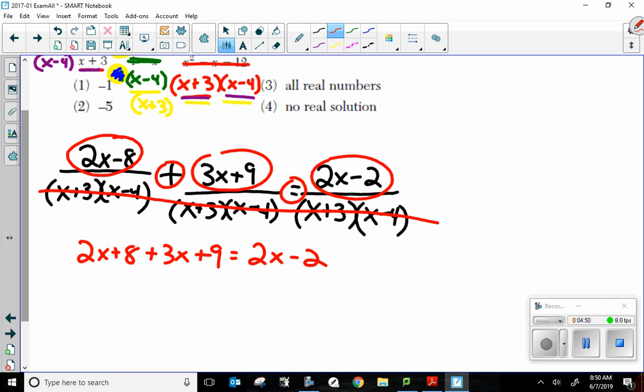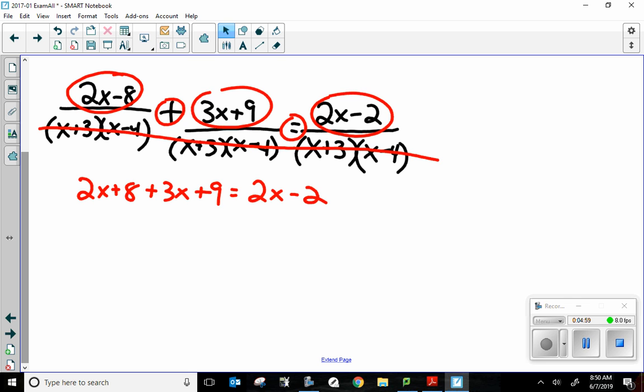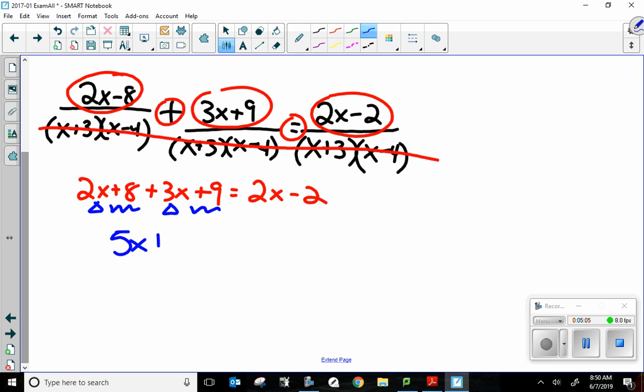Look at what I just wrote in red below here. That is so much easier. Now we're just solving for one variable with opposite math. Let's combine any like terms first. I have 2x and 3x, that's 5x. 8 and 9, it's plus 17, equals 2x minus 2.